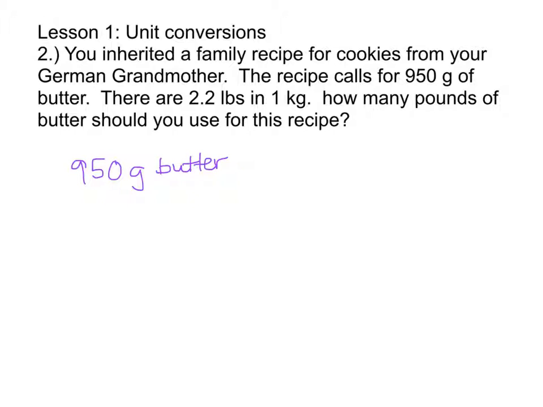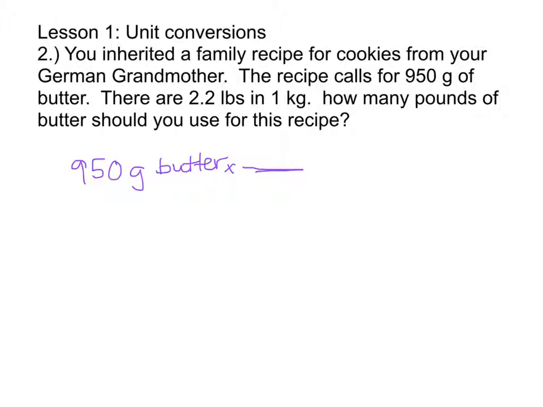So our conversion from our metric system to English system is kilograms to pounds. So our first step is that we need to convert 950 grams to kilograms. So if you remember from when you learned about the different metric units, that kilo prefix means that there's 1 times 10 to the third.